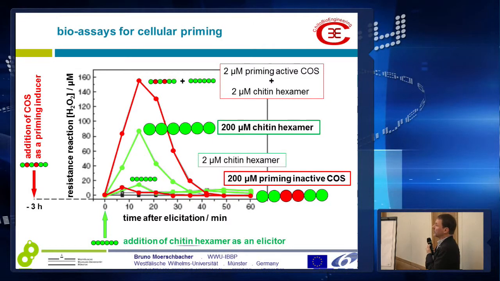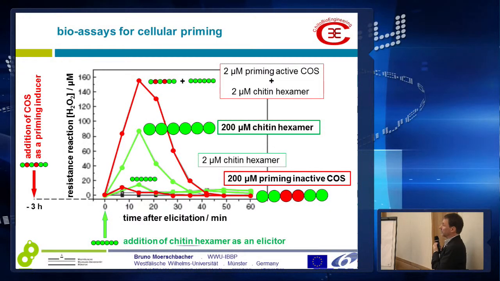Now, if we pre-treat the cells 3 hours prior to the elicitor treatment with something which has priming activity, then you can see this is the one. This is a partially acetylated chitosan oligomer which has priming activity. Now, even if we add this at very low concentration, if at time point 0 we add elicitor also at a very low concentration, at the concentration which alone would not induce much, we get a very strong induction of the oxidative burst.